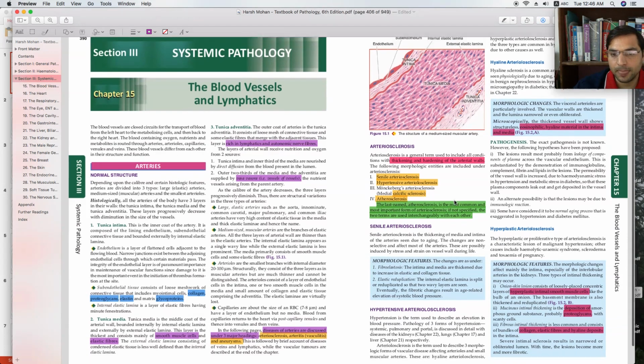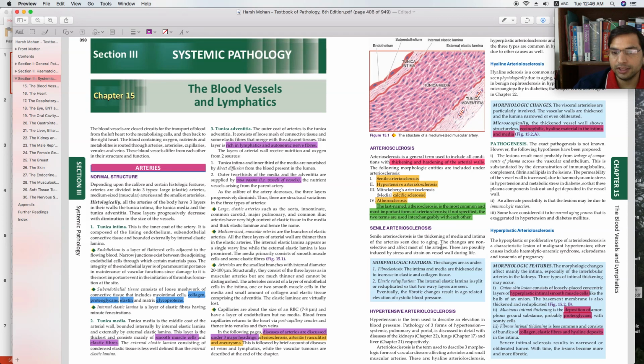See senile arteriosclerosis. In senile arteriosclerosis, what happens? The intima and the media, these two layers, become thickened because of the increase in elastin and collagen tissue. So elastin and collagen tissue deposition happens in tunica media and tunica intima, and they become thickened as the age progresses.